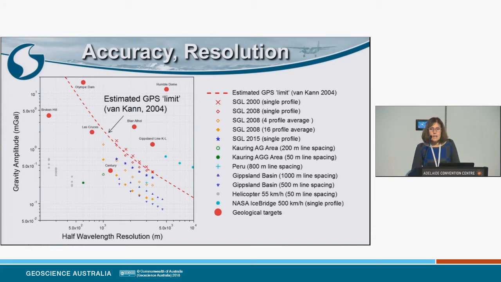So the big red dots are various well-known geological targets, Broken Hill, Olympic Dam, etc., etc. And in those cases, the gravity amplitude means the amplitude of the signal that you would expect to acquire if you were flying over one of those targets. The rest of the little dots and stars and plus signs, etc., are all values that come from our surveys.